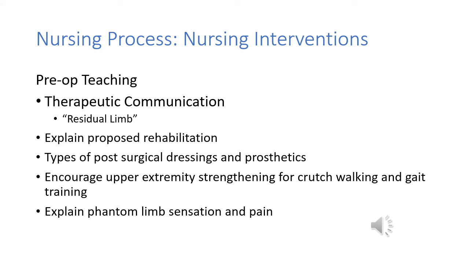One of the terms that we don't recommend anymore is the term stump. It just doesn't have a great feel or connotation. So the preferred term is residual limb, which is a much nicer way to say it. Over the years, as I've taught this, I have tried very hard to always use that term.